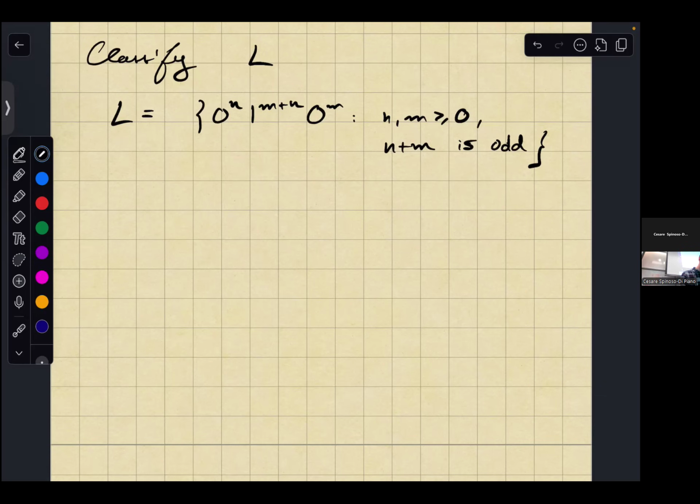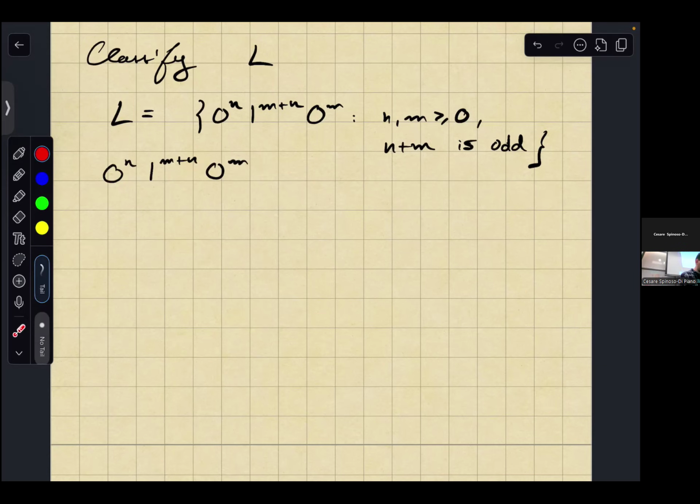Essentially, what you need to notice is that if you take the string 0^n 1^(m+n) 0^m, this might be tricky. Can I even do this with a single stack? Because I have to remember the n and then the m and then match the n with the n, and it's kind of weird. But really, you have to notice that m plus n is how many ones I have.